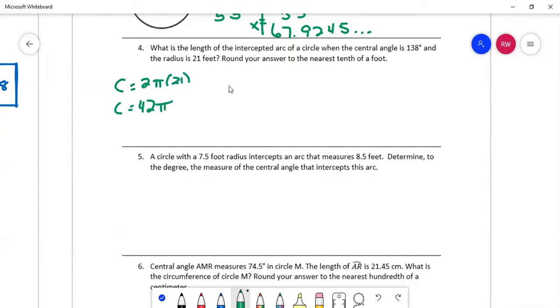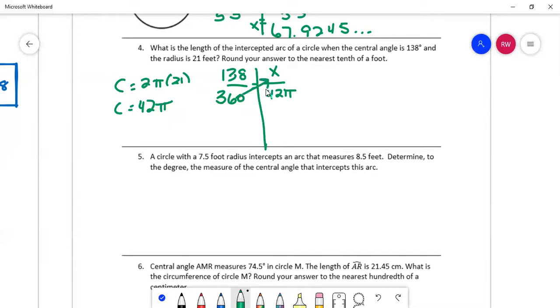Okay, good. My proportion: 360 goes on the bottom. My central angle here, which is 138. What is the length of the intercepted arc? So my arc length is x, and my circumference, 42 pi, goes on the bottom.